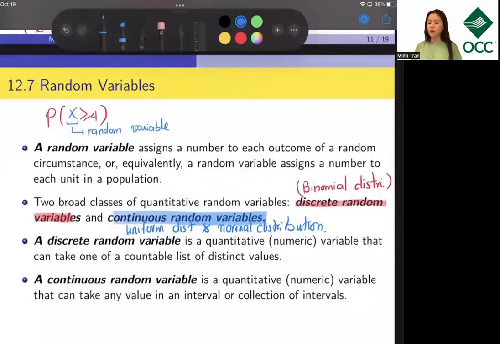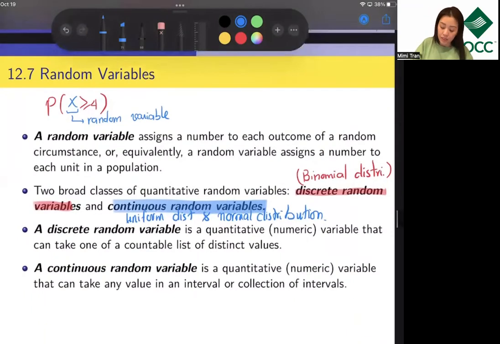A continuous random variable is also a quantitative variable that can take any value in an interval or collection of intervals. For example, someone's height, right? We can say it's from 0 to infinity, so in the interval between 0 and infinity, a particular height can take any value within this interval.